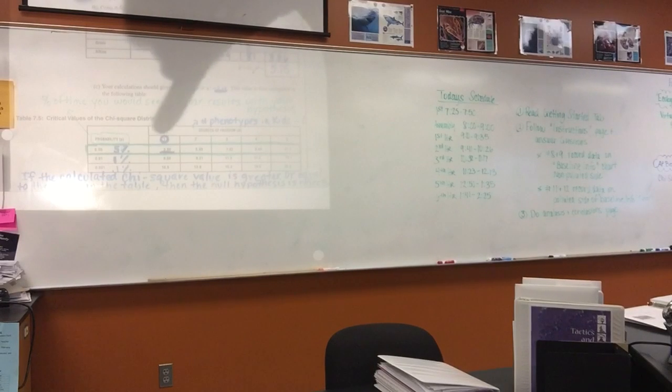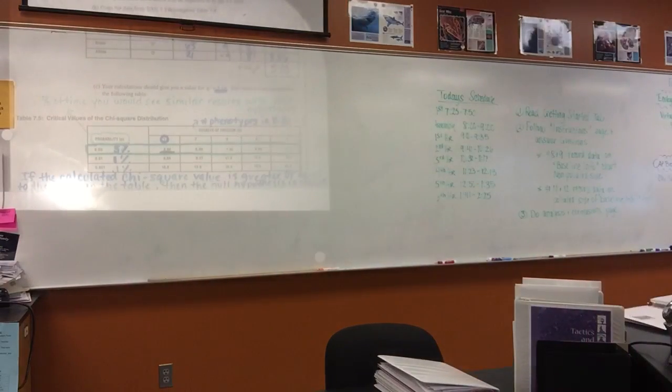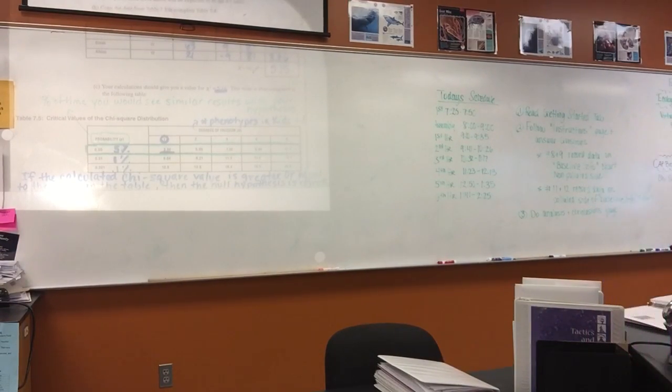The second thing in this chart is the degrees of freedom. I wrote number of phenotypes in kids minus 1 because this is a genetics problem, but really for chi-square analysis, it's categorical data, so it's the number of categories you have, which for genetic problems is the number of phenotypes. How many green versus how many albino do we have?